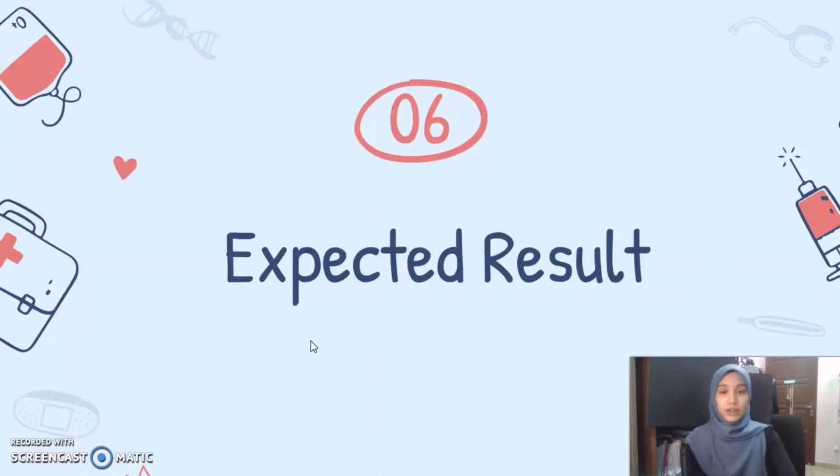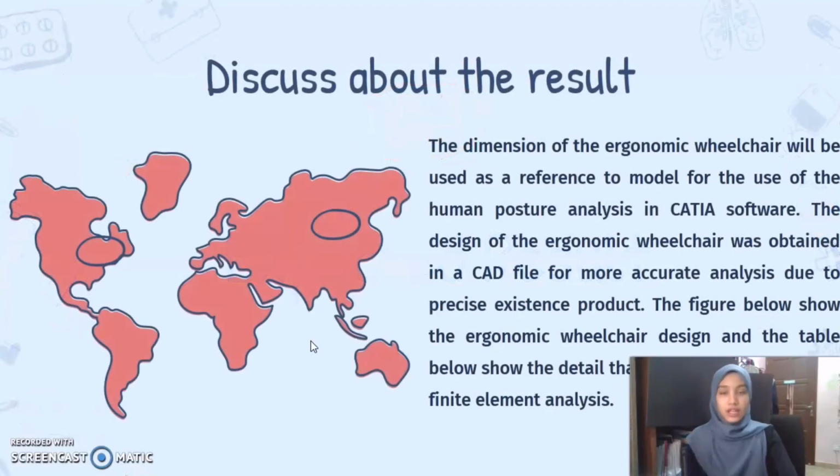Last but not least, based on my understanding and the information collected from the previous studies, the expected result has come out. The discussion about this result, which is the dimension of the ergonomic wheelchair, will be used as a reference to model the human posture in CATIA software.